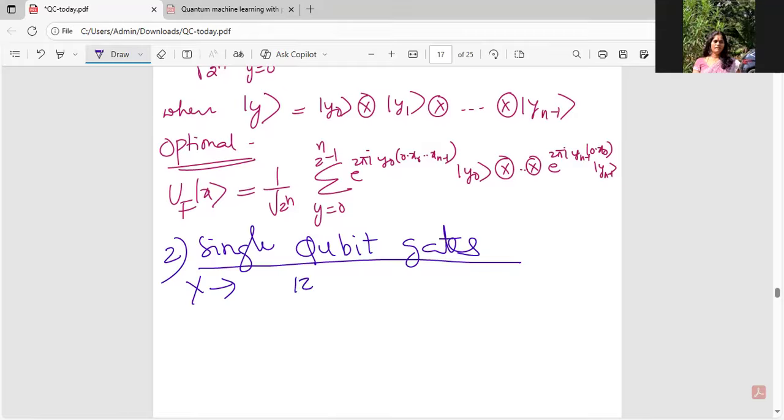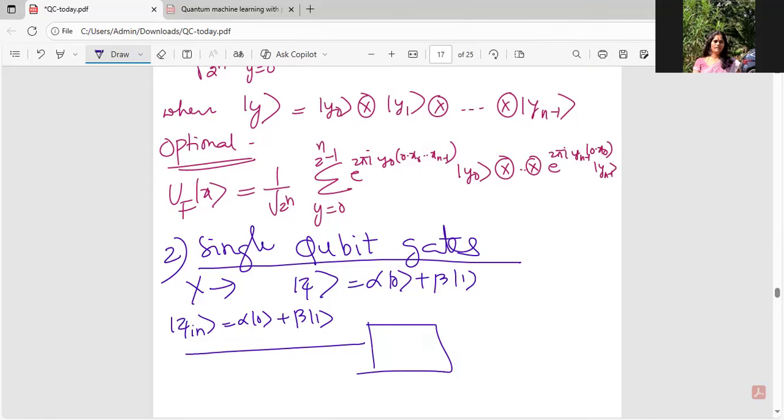Suppose I have ket xi, guys. What is ket xi? The superposition state I'm considering: alpha ket 0, beta ket 1. Ket xi in is equal to alpha ket 0 plus beta ket 1. Now, if this is being sent to the X gate, what output comes?